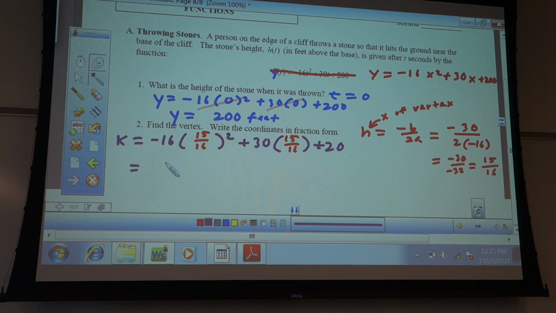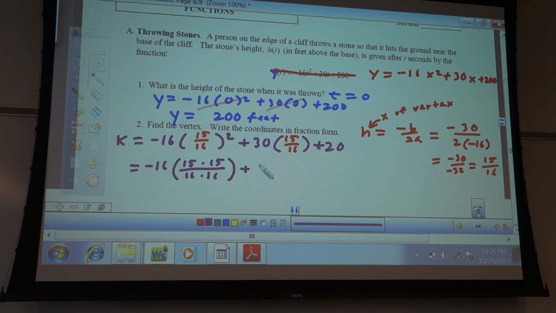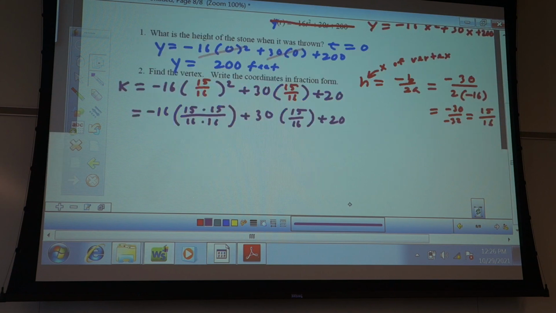So I'm going to have negative 16 times 15 over 16 squared, so it's 15 times 15 over 16 times 16, plus 30 times 15 over 16, plus 200. I just don't see how to get this in fraction form very easily. This is going to be a real pain.